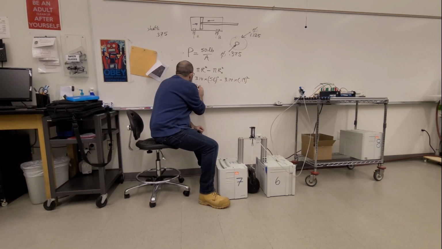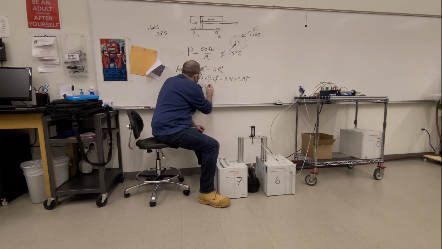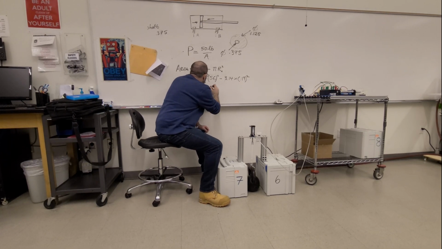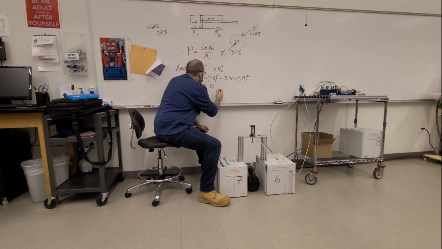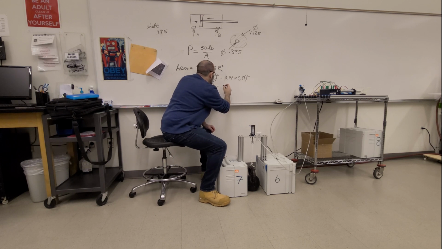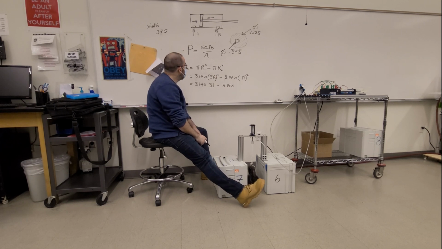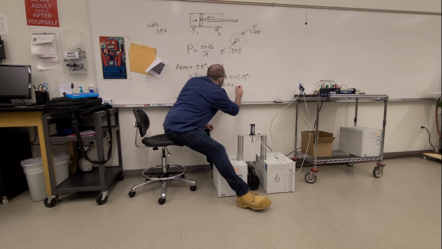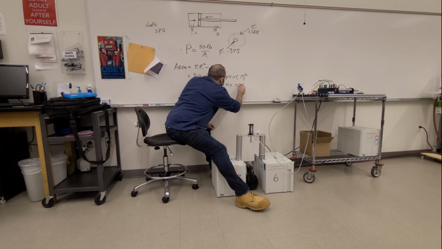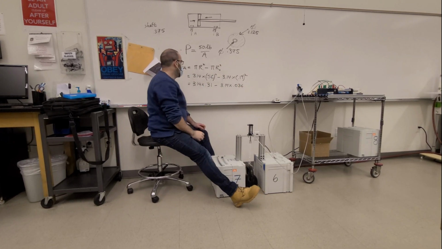So it's 3.14 multiplied by 0.31, minus 3.14 multiplied by 0.19 squared, which is 0.036.